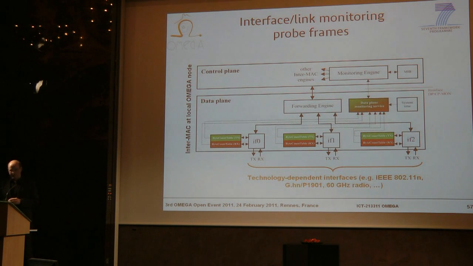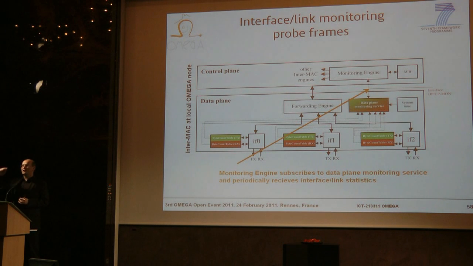Here you see 3 interfaces: interface 0, interface 1, and interface 2. And this may be a technology-dependent interface. There may be some network adapters you can get from the shops, for example, 11n, or maybe a PLC adapter, or 60 GHz radios. You have seen it in the showroom, actually.